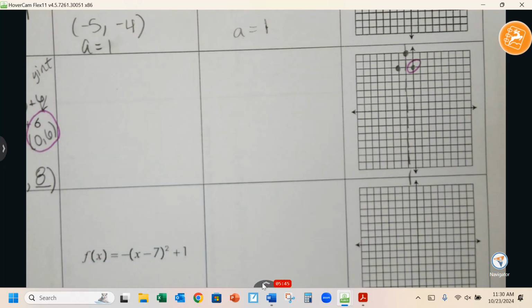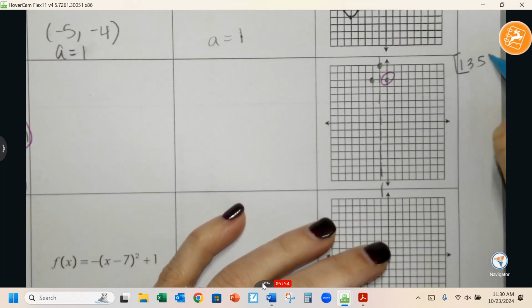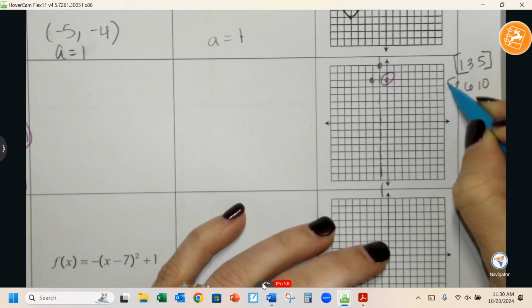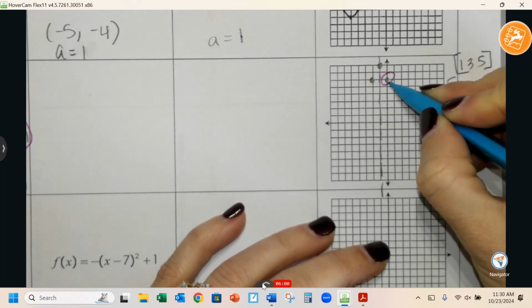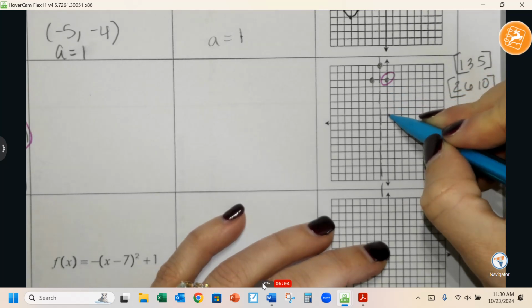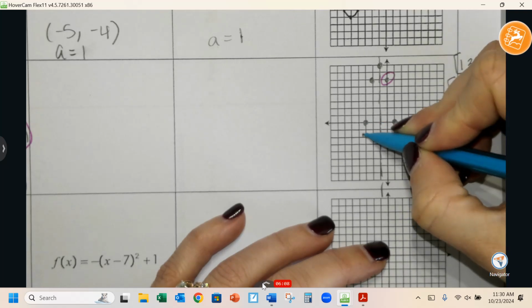This one's going to get skinnier. And then 1, 3, 5 is not going to be my pattern. Instead, it's going to be 2, 6, 10. So we already went down 2, so I need to go down 6, and I'm done. And we can graph it.